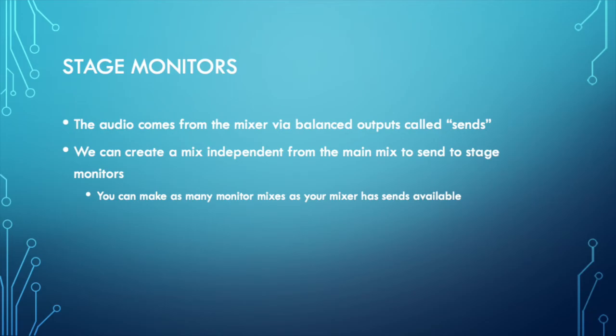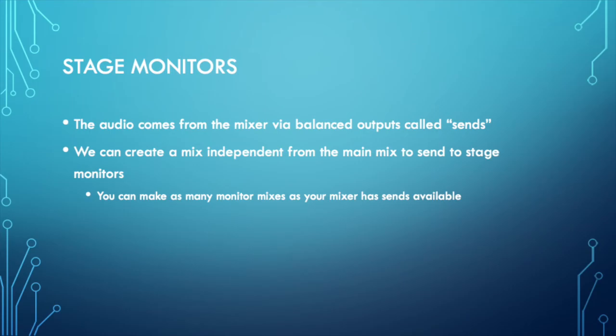And those are, again, going to be either active or passive speakers. If you're in a smaller setup, you might have an active monitor where you can go straight out of your mixer, line level, into an active stage monitor that, because it's active, would have its own power amp in the speaker cabinet.